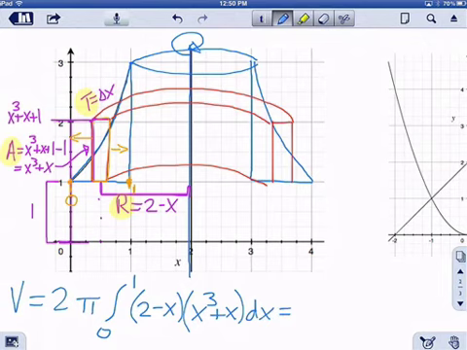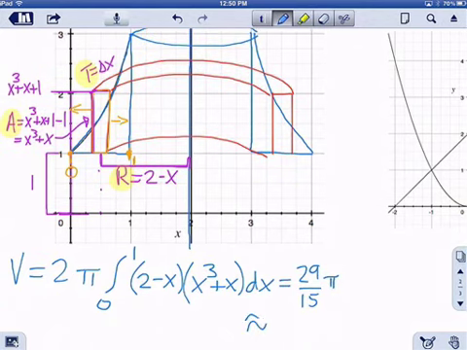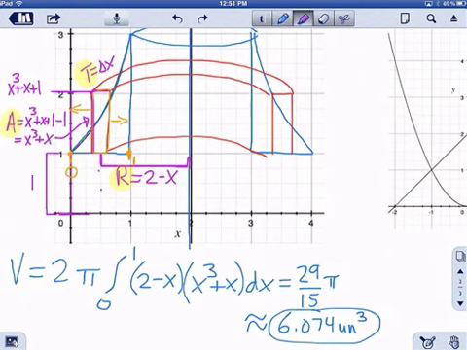When you calculate this, leaving out the pi, you get 29 over 15, so it's 29 pi over 15, which is approximately 6.074 cubic units. Very important to draw your picture so that you can actually find the radius, and you may have to get creative, use some subtraction, and also find your altitude right here.